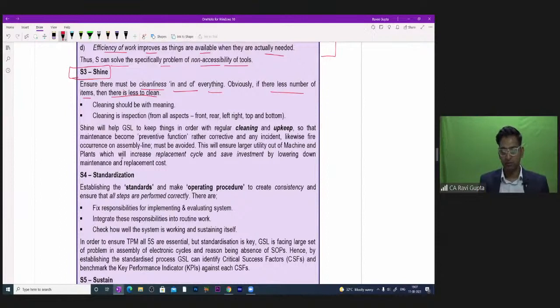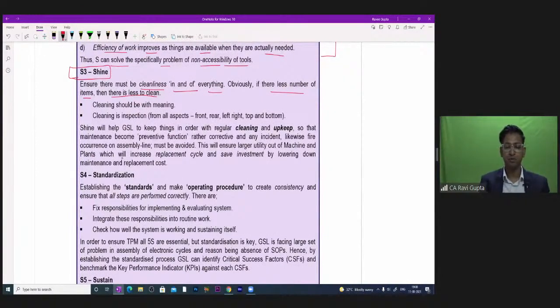But yes, what happens if you go to your work and your table is not clean and you find dust over your table? Definitely it will take your attention and your time. We don't want to lose your attention, lose your focus, or give your time to something which is not relevant.